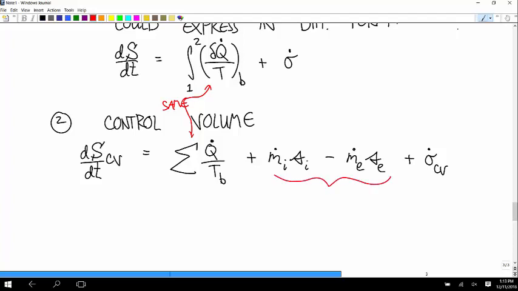So these two things are, well, let me do them separately. This is the entropy carried into the control volume. And this is the entropy carried out of the control volume.